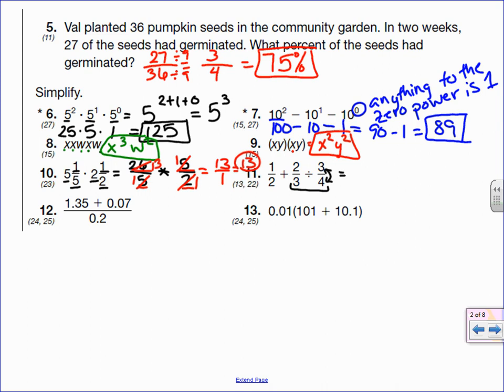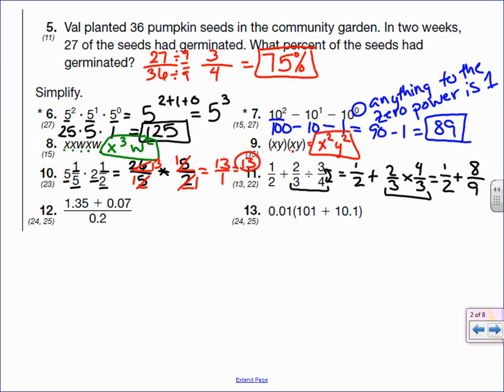So we have 1/2 plus 2/3, and then times the reciprocal of 3/4 is 4/3. And now I'm going to do that multiplication. When I multiply fractions, I multiply straight across. So I have 1/2 still, because I haven't done anything with that. And then 2/3 times 4/3 is 4 times 2 is 8, and 3 times 3 is 9.